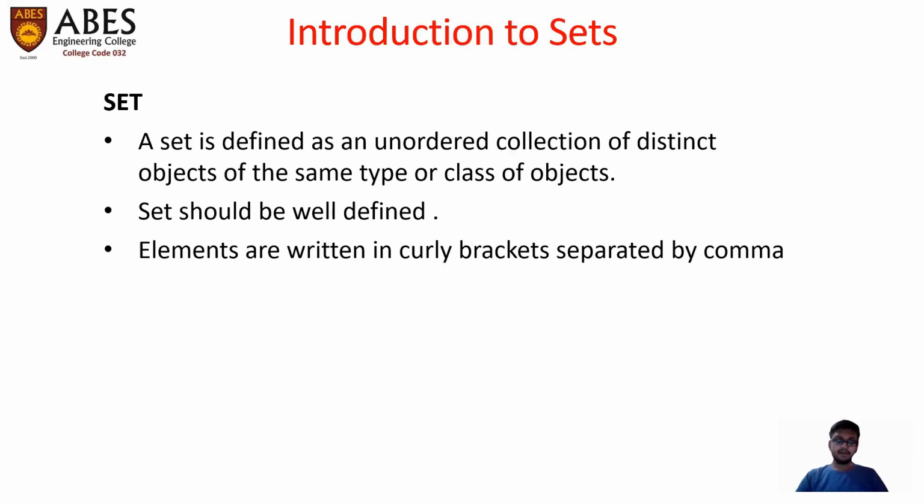With the help of these areas, many computational problems and logical problems can be solved in the computer science field. So if we talk about the set, what is a set? A set is defined as an unordered collection of distinct objects of the same type, or a class of objects.